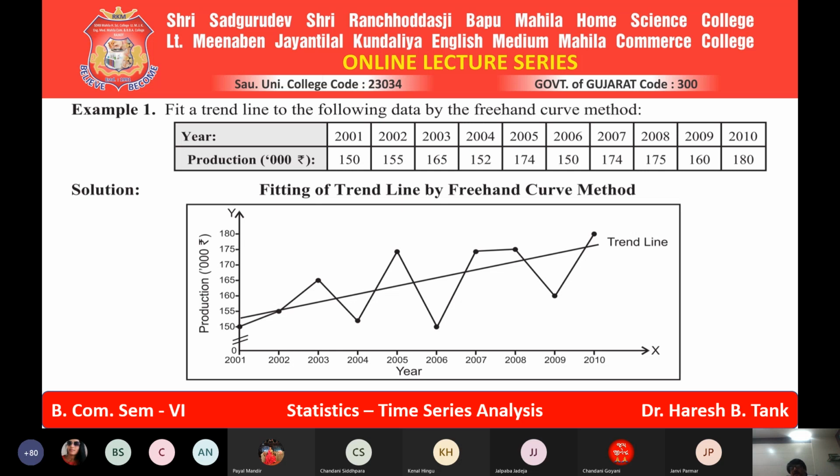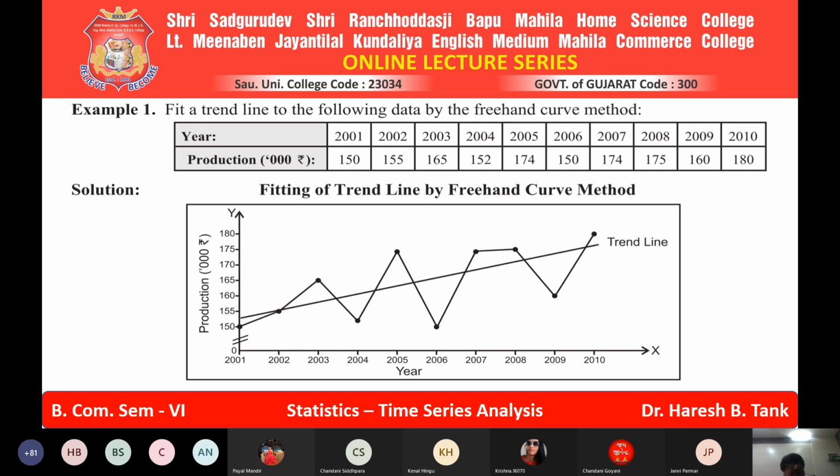Fine. Now, can you list out the plus and minus of using this method? Look, this method is very simple. First, as a plus, this method is very simple. Second, there are no formulas used in this method. Third, you can get the direction of the trend.